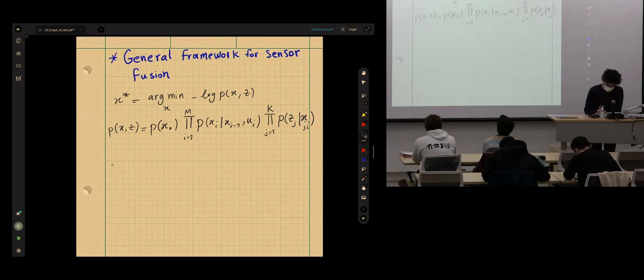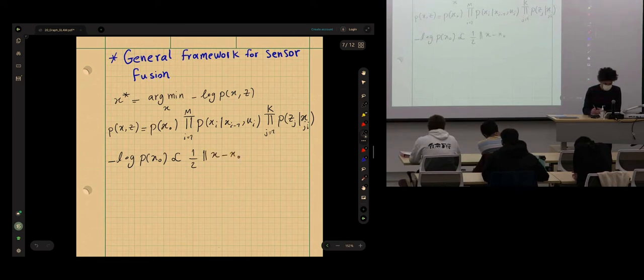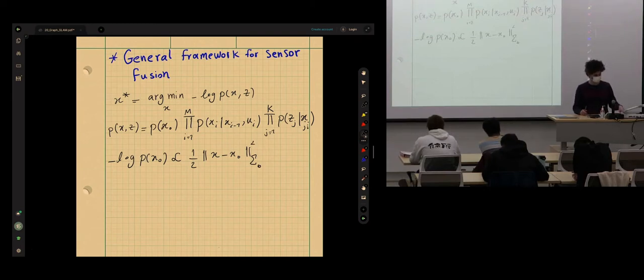So let's break down the individual terms. The negative log of the prior will be proportional to, because we're dropping the normalizing constant, 1/2 of whatever prior we are placing over our variable.